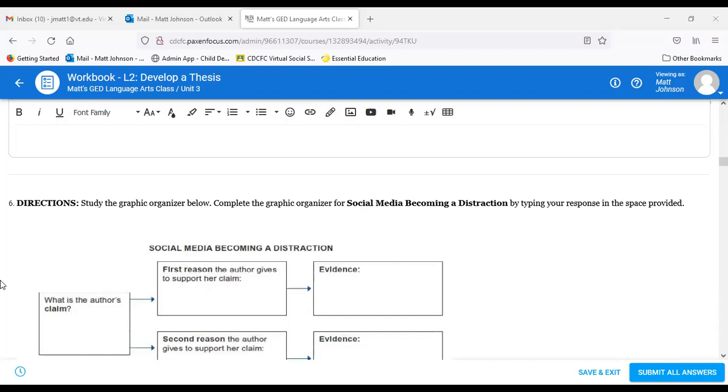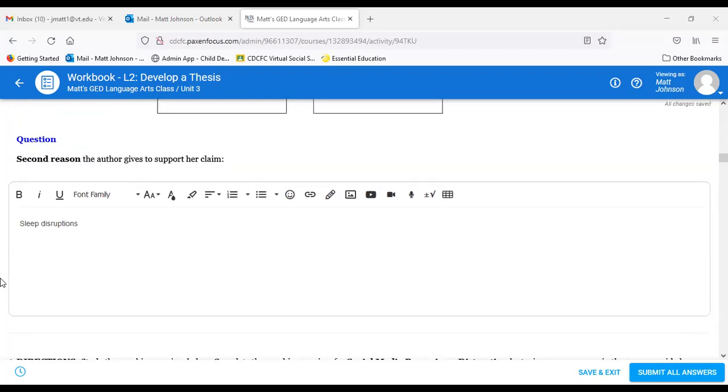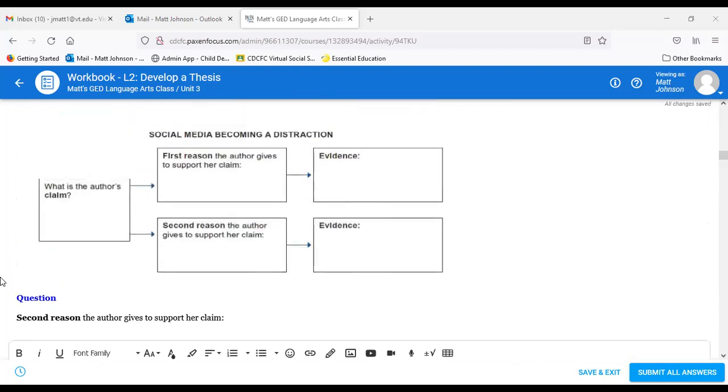So that is our claims, our reasons, and our evidence. We filled out that flow chart, every piece of it. The main claim being, well, Clement: some people believe social media may be changing the way we think.